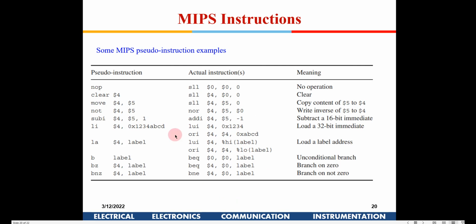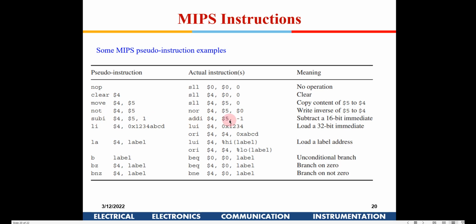There are a few other such instructions. This is a no operation, and there are clear, move, not, and sub immediate. Sub immediate is also not actually available. Only add immediate is available here, but in the compiler, when you are compiling, you can write sub instructions.